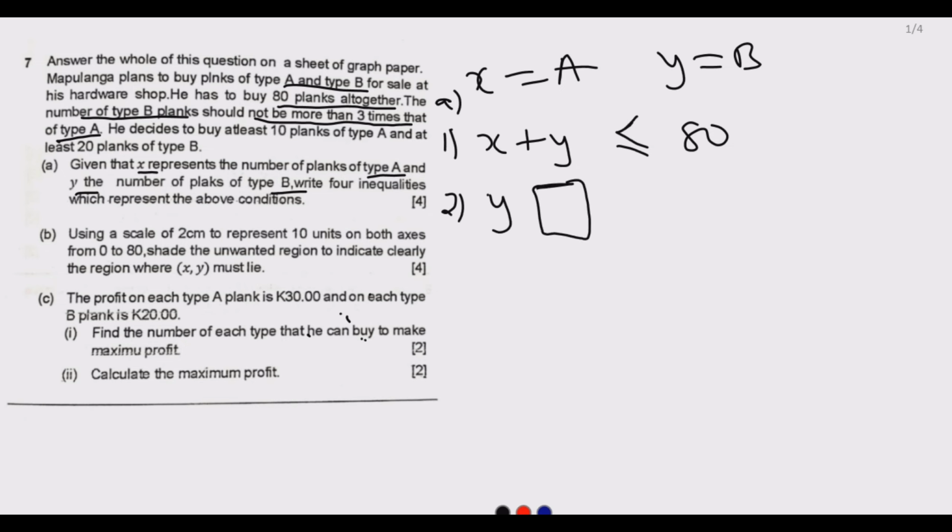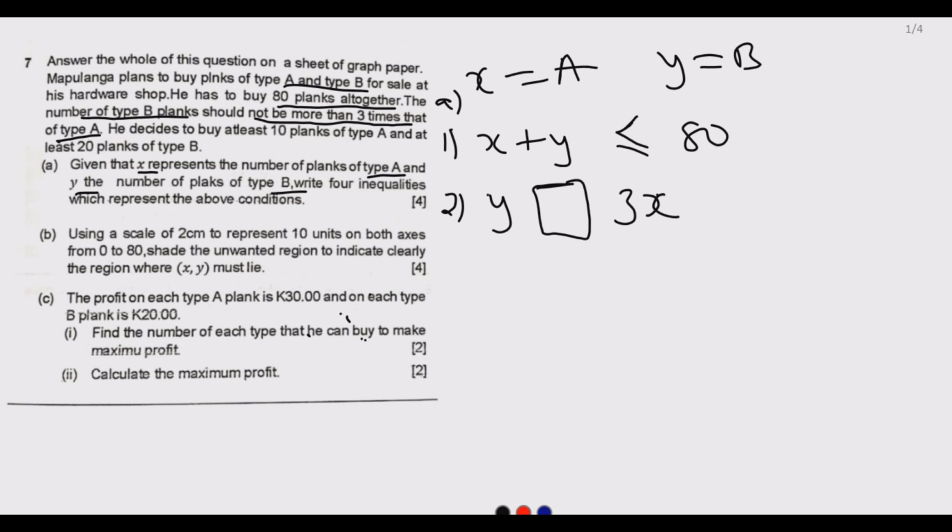Then what we are saying, it should not be more than 3 times type A, so 3 multiplied by type A, which is X. Should not be more than, meaning the point where they are equal is the maximum, so it should be at most equal to or less.